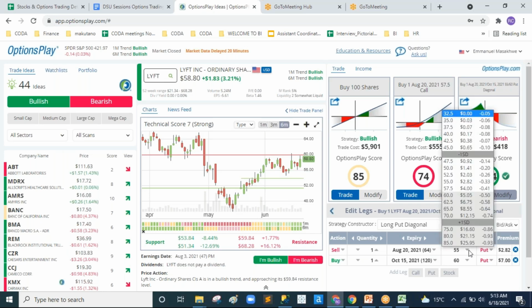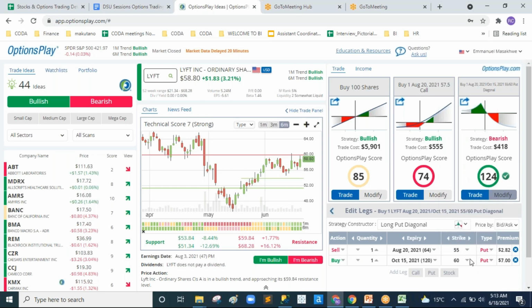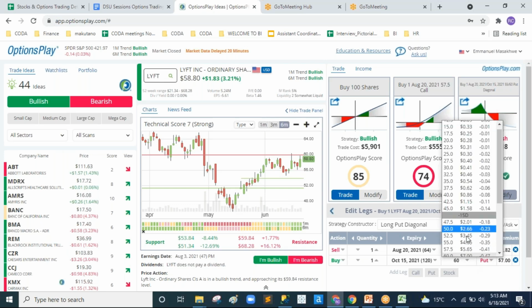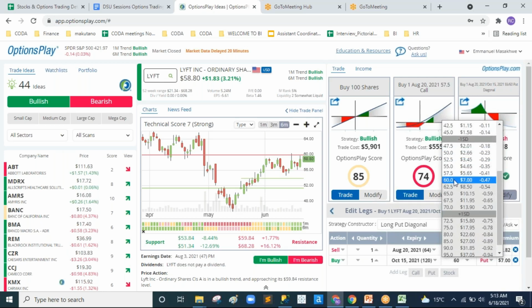And if you look at the deltas, at 55 in this case, it is good because it is at 33 for the sell side. And for the buy side, the stock price, those at 60, at 47, and you're looking at 50, which is okay, right? That is in terms of the delta.